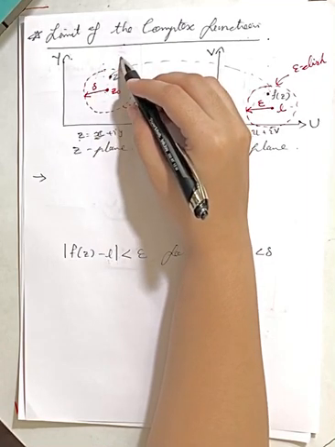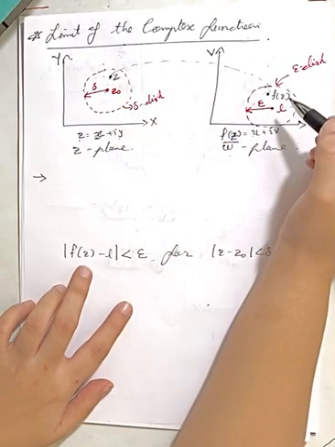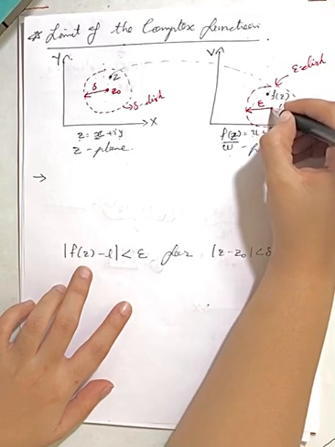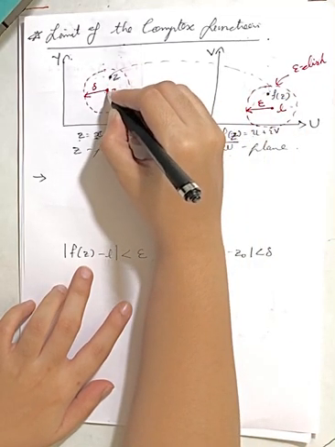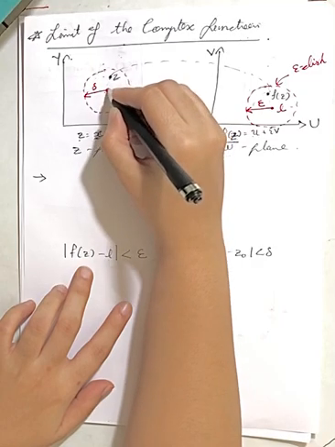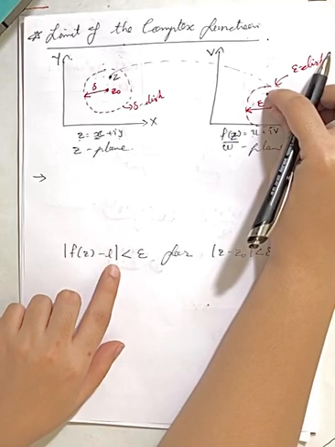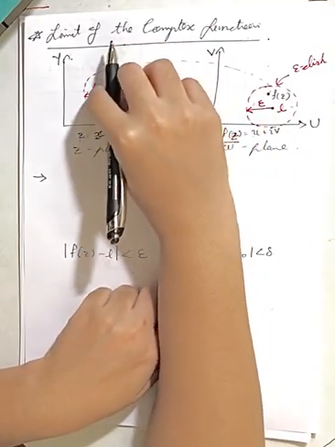Okay, so when does the limit exist? When f of z will tend to L for every z approaching z0. When will that happen? It will happen only when f of z minus L is less than epsilon for every z minus z0 less than delta.